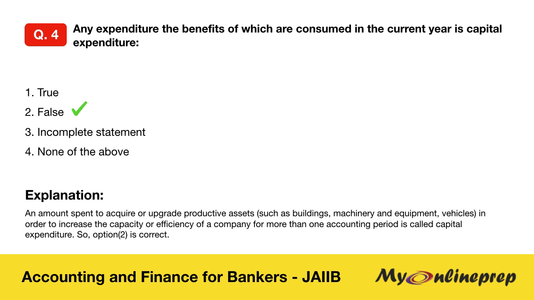So the option is 2, that is false. Any expenditure the benefit of which are consumed in the current year is capital expenditure? No, beyond 1 year, more than 1 year of accounting period should be there.